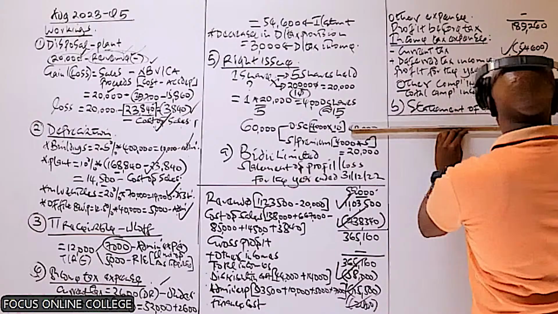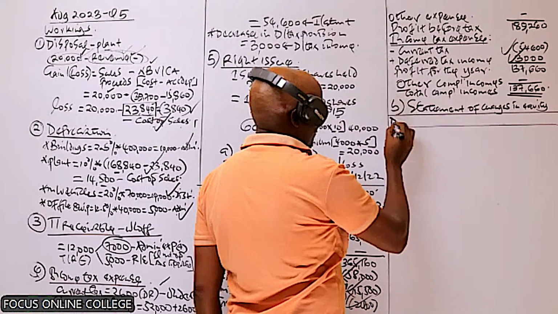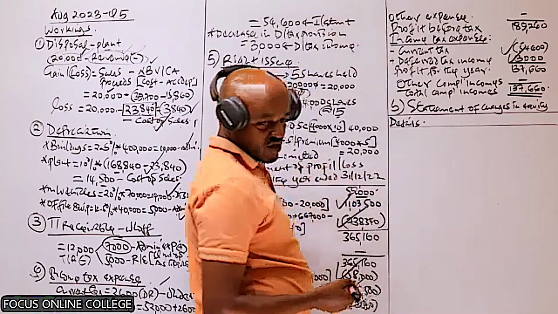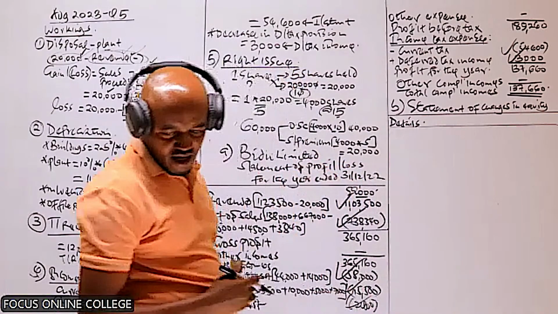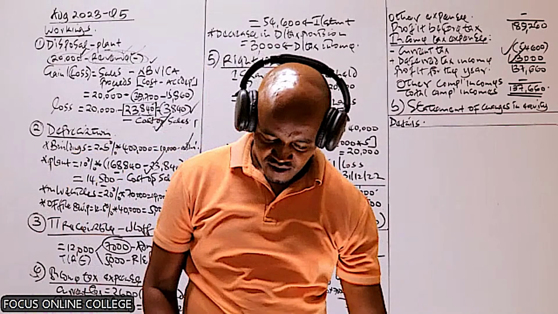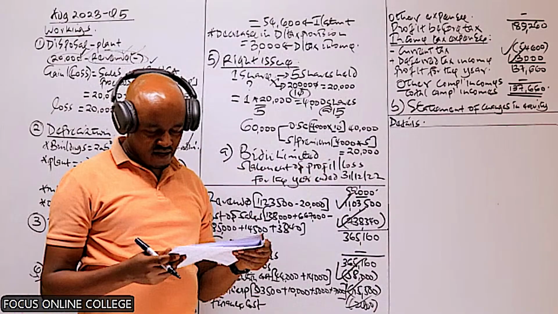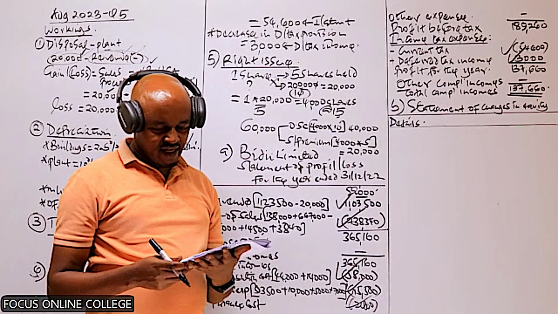In preparing it, we always start with the details column. Then we go back to the trial balance and see which items of equity this company had in this year.